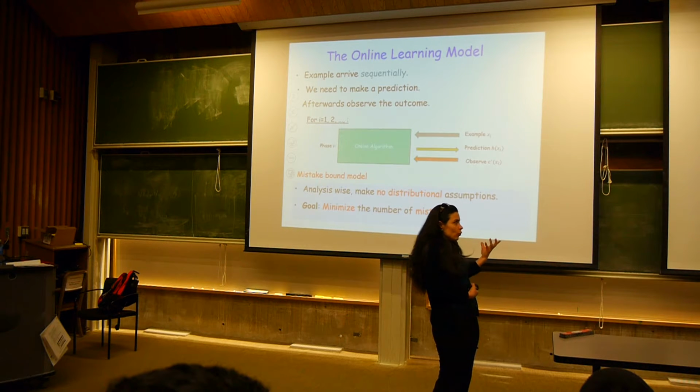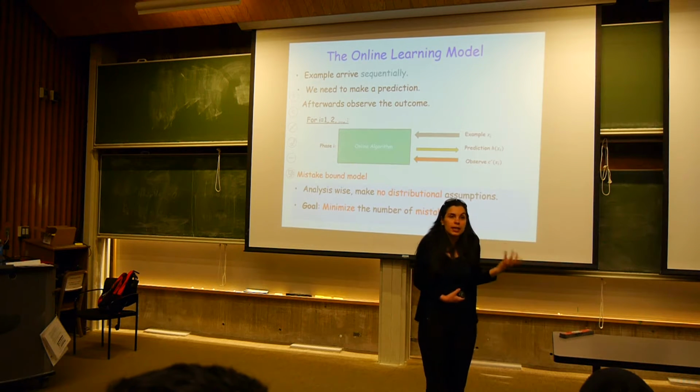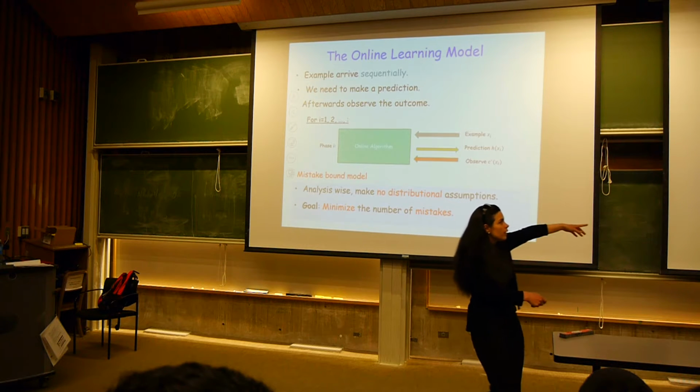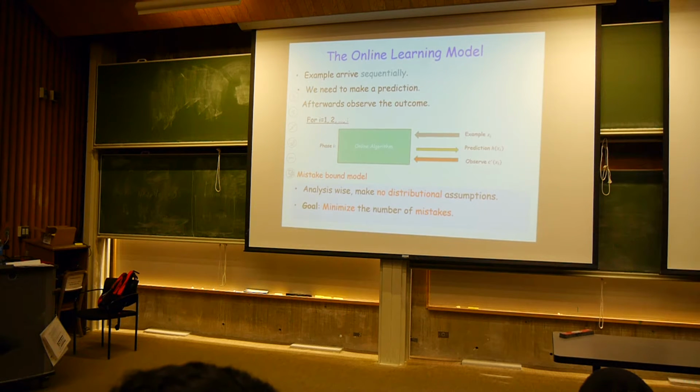And in order to have any hope to do anything interesting, we'll also assume that the target function comes from some fixed class of functions. Obviously, if the target function can be anything, then there is no way to minimize the number of mistakes. The adversary can force it to make an unbounded number of mistakes, which would not be interesting. So to hope to do anything, we're going to assume that the target function is a simple class, a simple function.